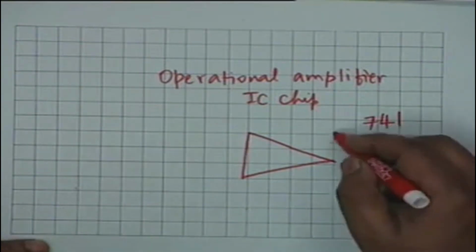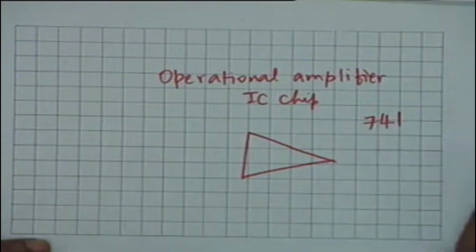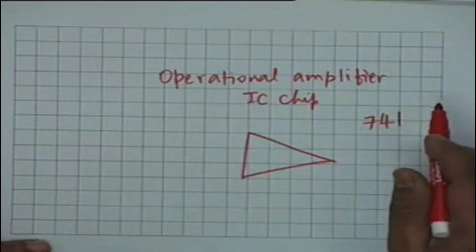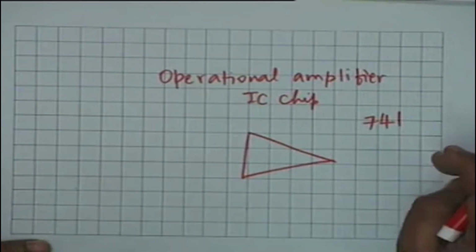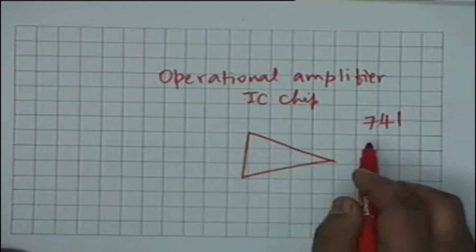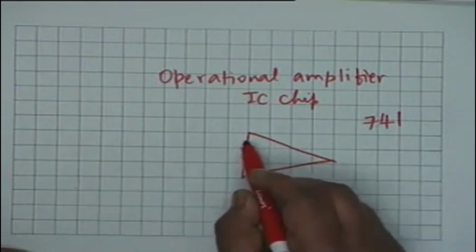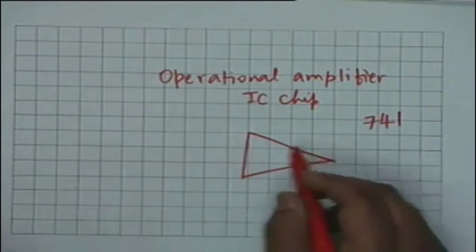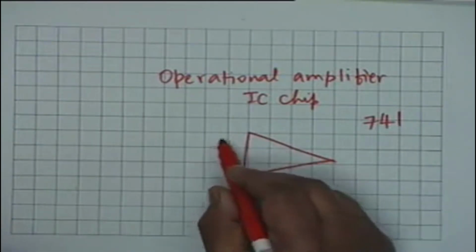Sometimes there is a mu A or Li, this indicates the company which manufactures, but the generic name for the op-amp which is most popular is 741, and 741, as I said, comes with 8 pins, and these pins are numbered like this.